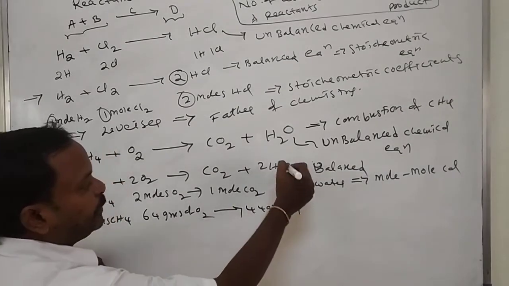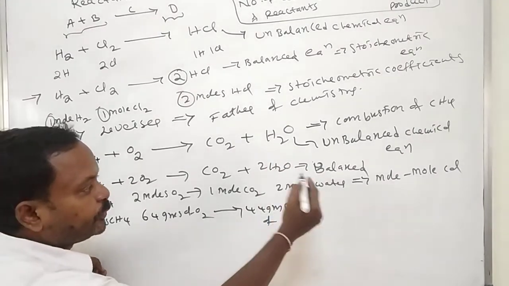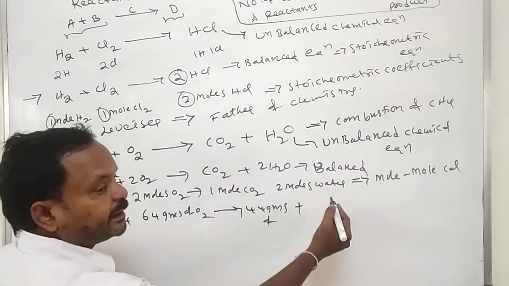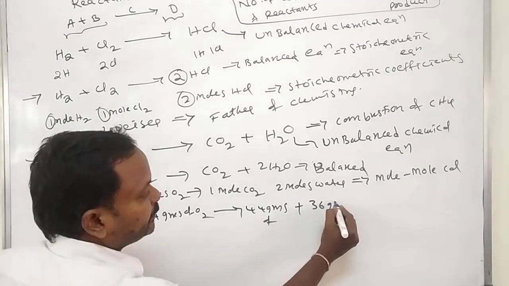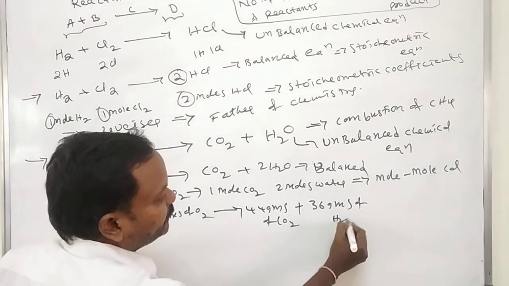Water's molecular weight is 18, so 2 moles of water means 18 into 2, 36 grams. 36 grams of water was formed.